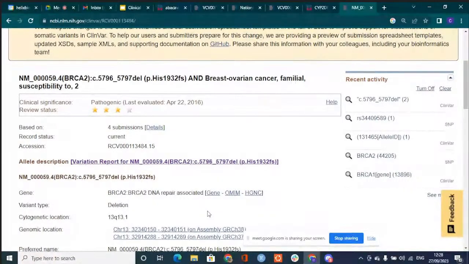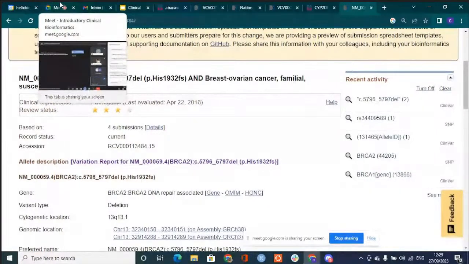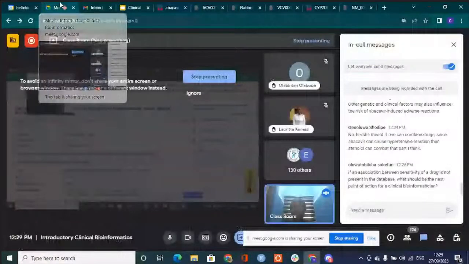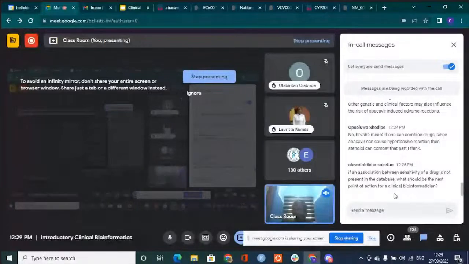If you go to databases and you are not able to make some inference from that, it's maybe because no information has been reported about that, or the information is still in literature and a kind of validation has not been done on this variant. Sometimes you may not be able to find information from the databases.